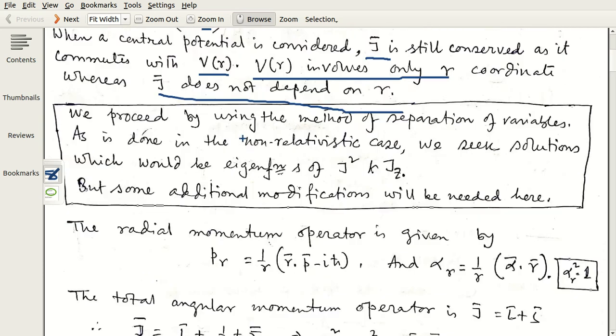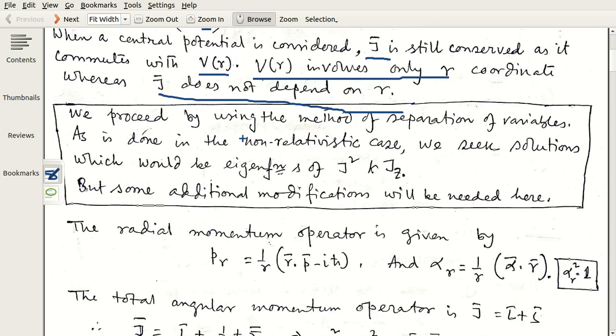Now, in the non-relativistic case, where we solved the Schrodinger equation in a central potential, we remember that we tried to write the Hamiltonian using the form of L square.